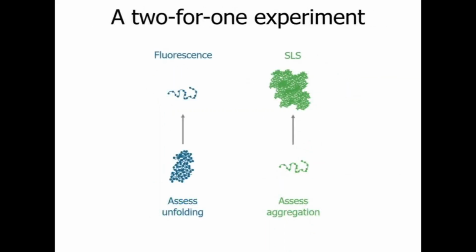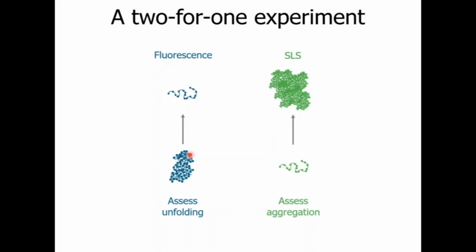Now, these 2 phenomena, conformational and colloidal stability, are probed using 2 distinct methods. Unfolding, or conformational stability, is determined by monitoring the protein's fluorescence. What we are looking at is really the aromatic amino acid residues that are normally buried on the inside of the protein, in non-polar environments.